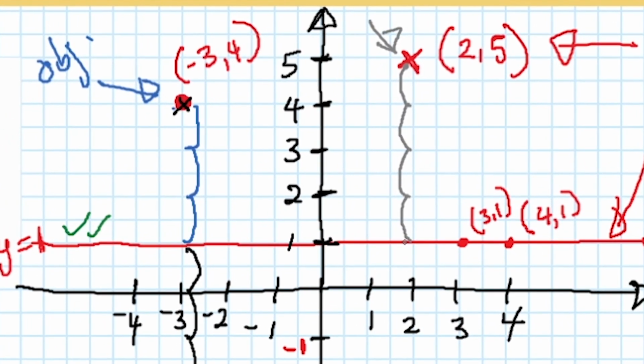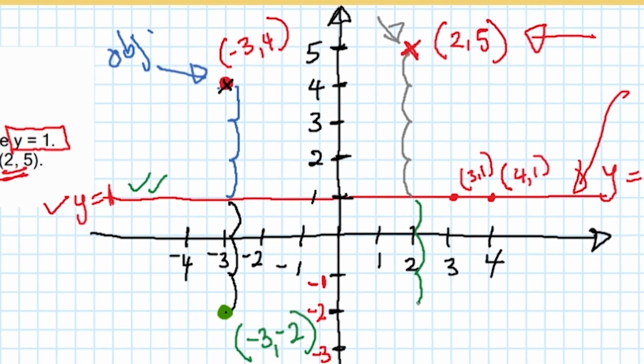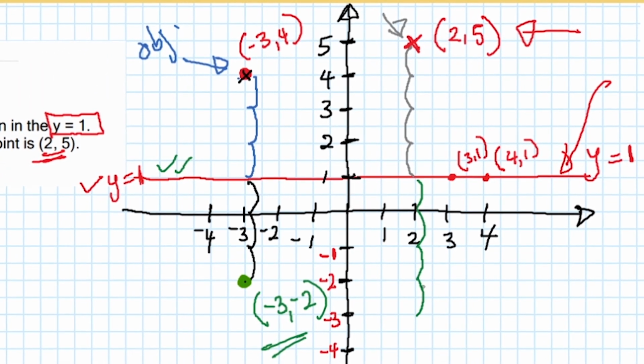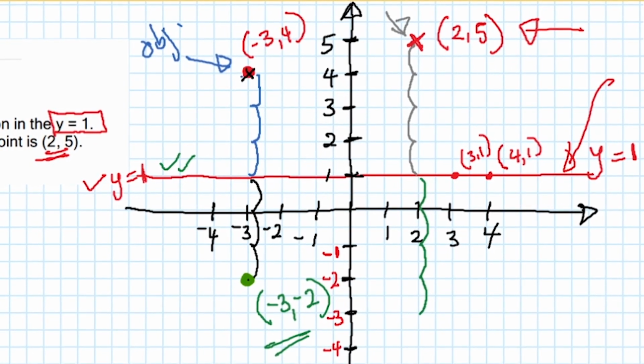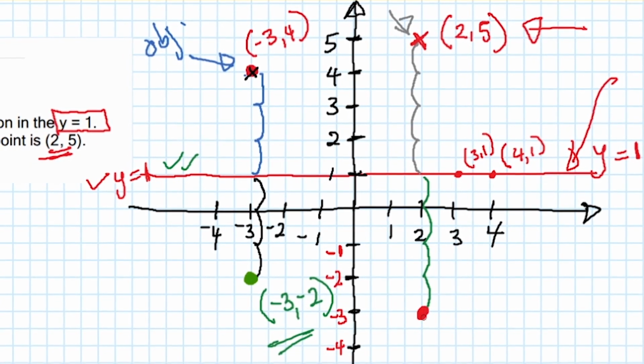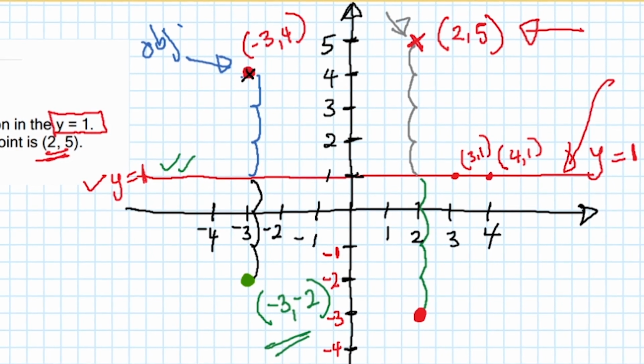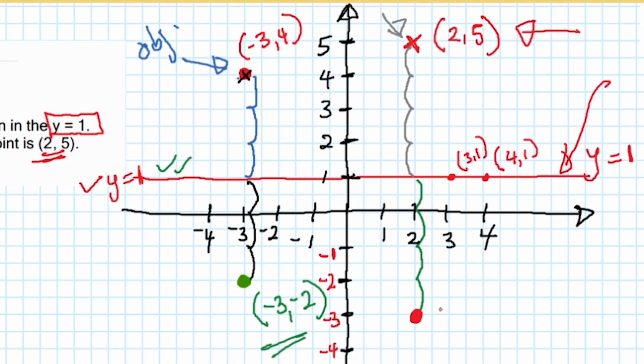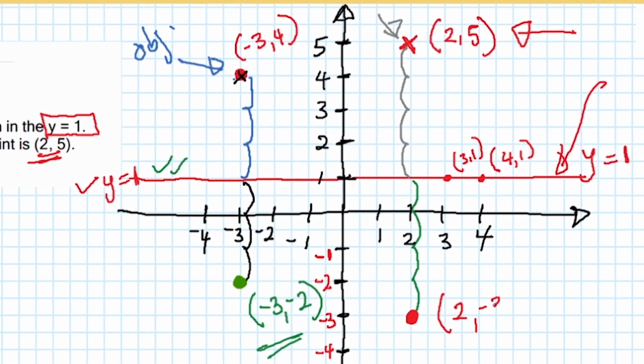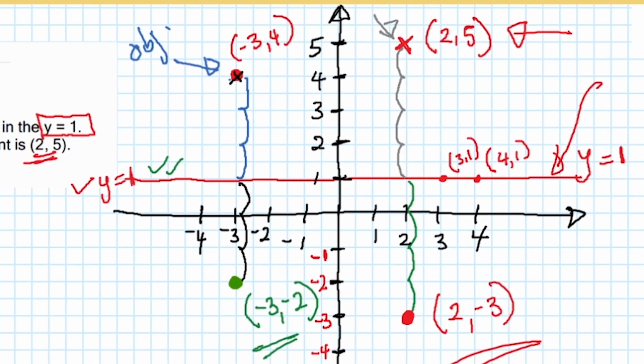So there are 4 units to reach the mirror. So we are going to count another 4 units away from the mirror. So that's going to be 1, 2, 3, 4. So it means that the object is right there. And what's that point called? That is actually 2, negative 3. And so that answers part B.